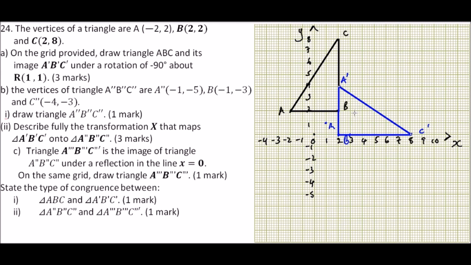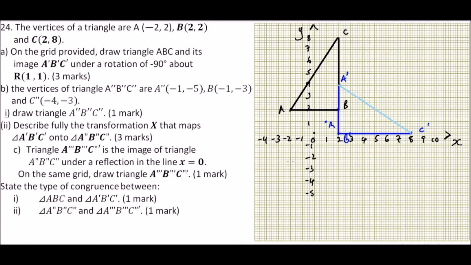So from there we are told to draw triangle ABC double prime, where we have been given the coordinates. So let's do that. Our A double prime is minus 1, minus 5. So that is where we have our point, A double prime.